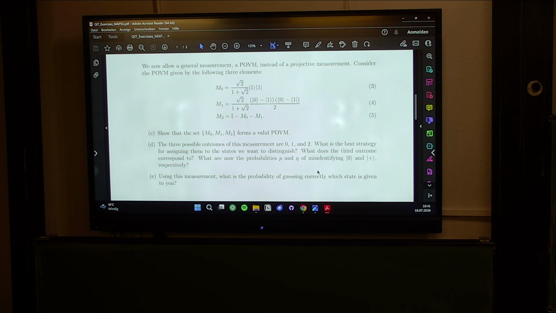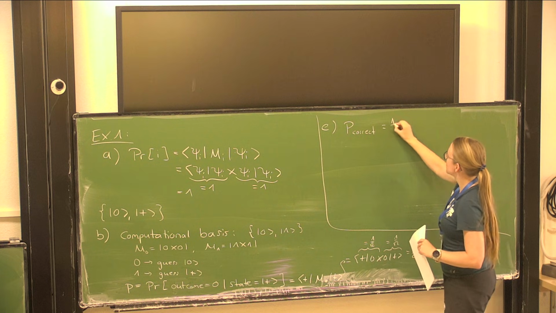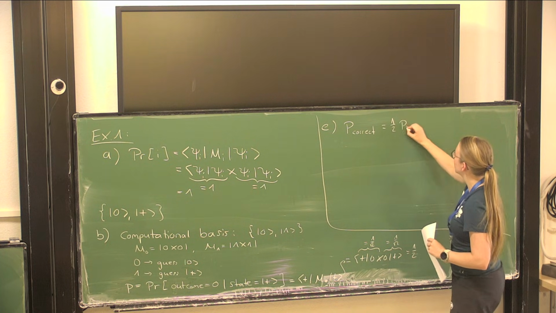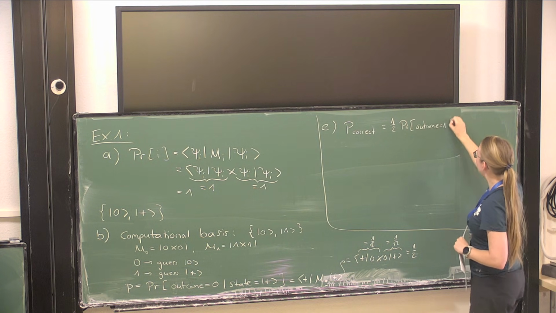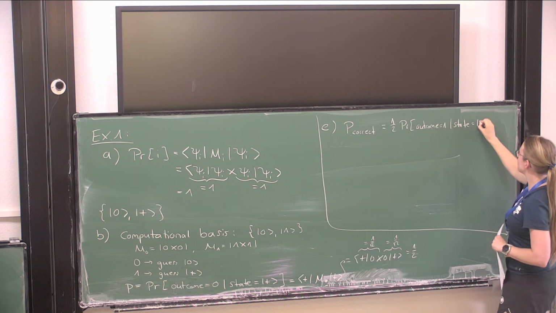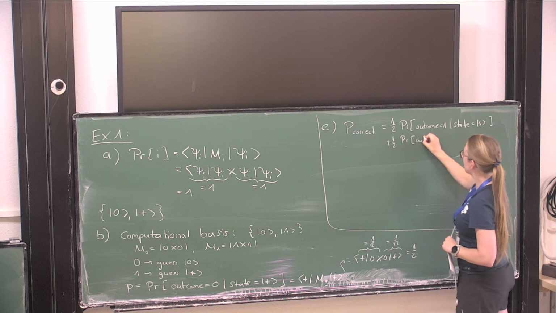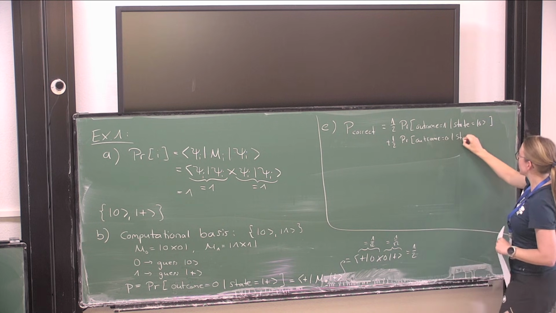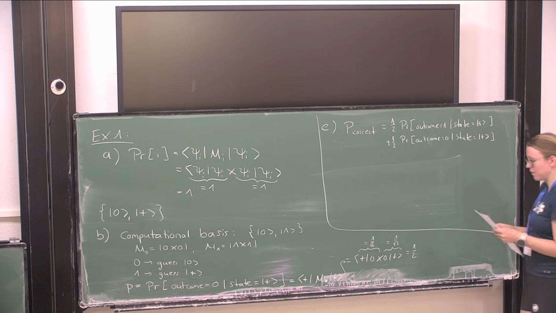So the probability of guessing correctly is the probability of getting the state 0 in the first place, which I just assume is 50%, so both states are equally likely, and then the outcome is 1, given that the state was 0, plus the other case that the outcome is 0 and the state is plus. These are the two cases where I can actually make a guess.